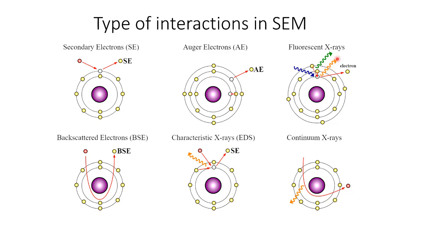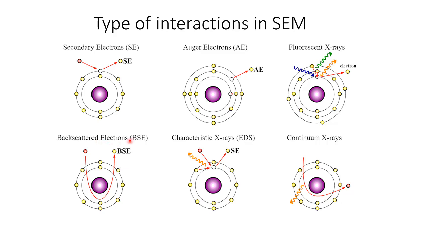So we can get that information from the fluorescent X-ray microscope, and a particular element has a particular characteristic X-ray associated with it. With the help of that characteristic X-ray, we are able to say which element can be present in the material.